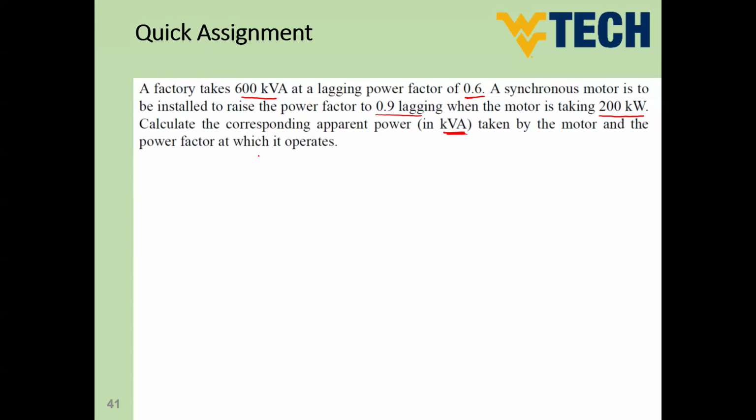Okay, guys, so this is a quick assignment. If you have a look at this question, you will treat the synchronous motor as a regular capacitive load. You will not use any kind of relations for the synchronous machine itself.